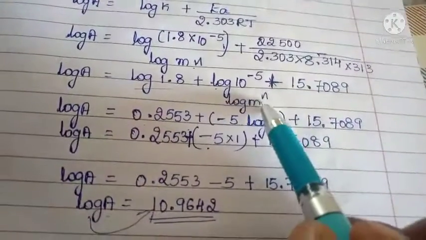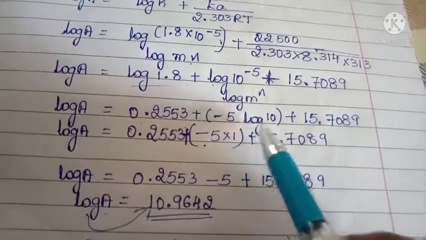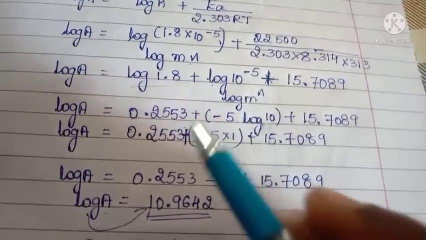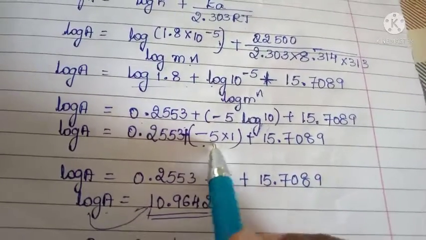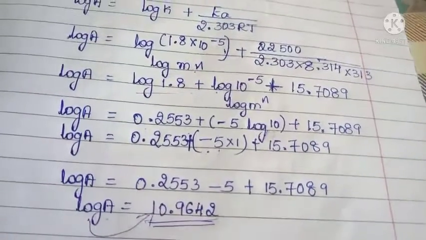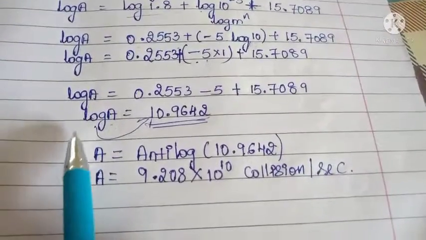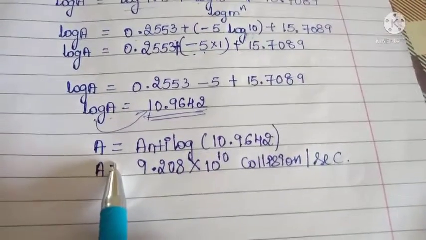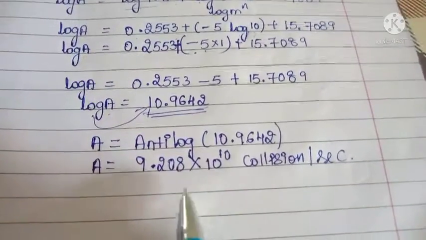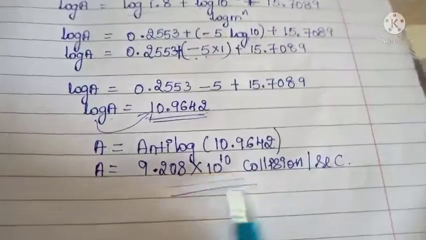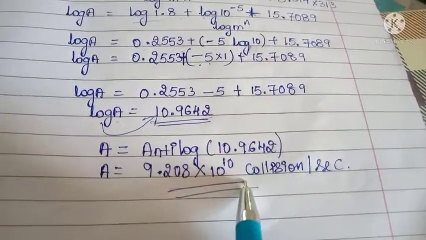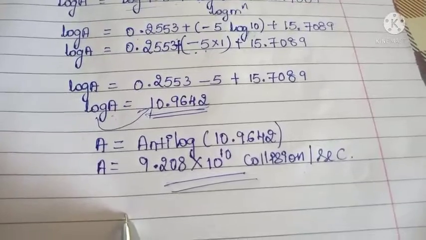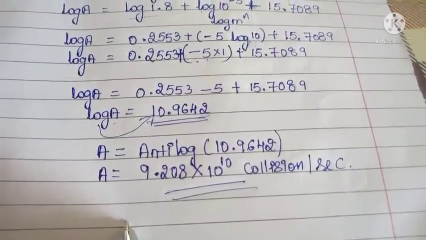In that, this is log m to the power of n, n log m. Log 10 base 10 is always 1, so you keep the minus 5 as it is. We need the A value, so you shift the log to this side. This converts log into anti-log. This is the answer. Collisions per second; it is also called the frequency factor, or the Arrhenius constant.